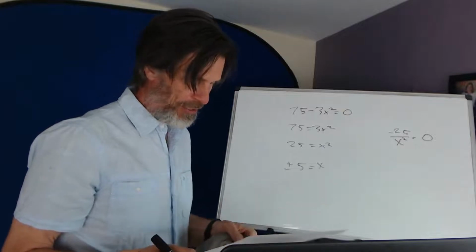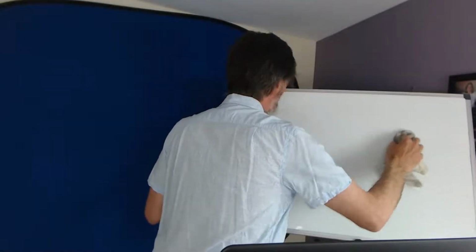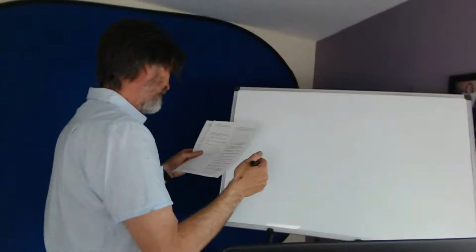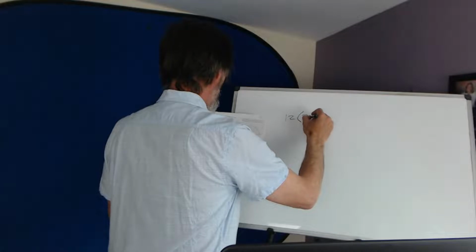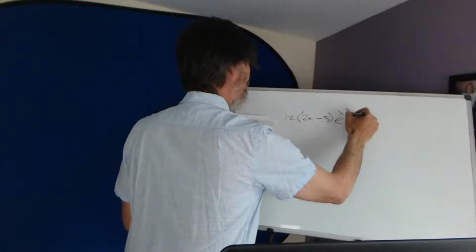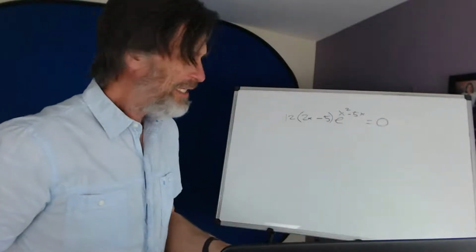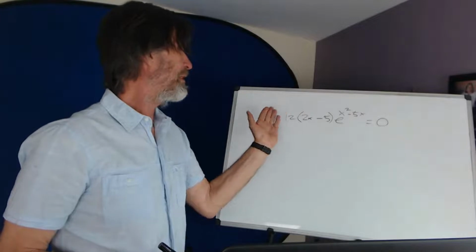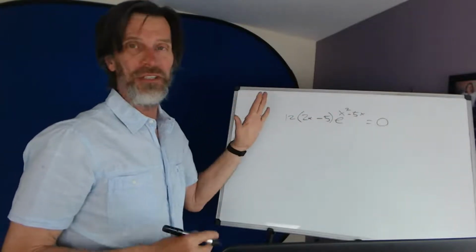Problem letter H. Doggone it, I erased all these, huh? Right, problem number H. I'll go through this mentally and write the answer up here. Let's see, that would have been 12 times 2x minus 5 times e to the x squared minus 5x. Set that equal to 0 and solve. The nice thing about the chain rules, you're left with factors.